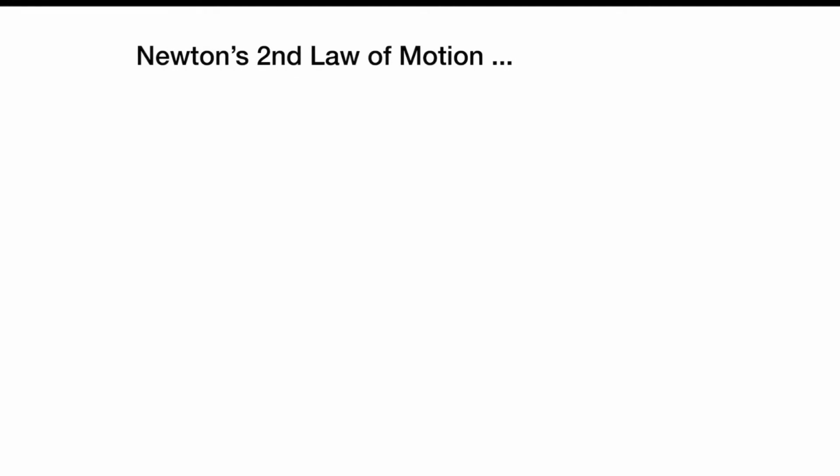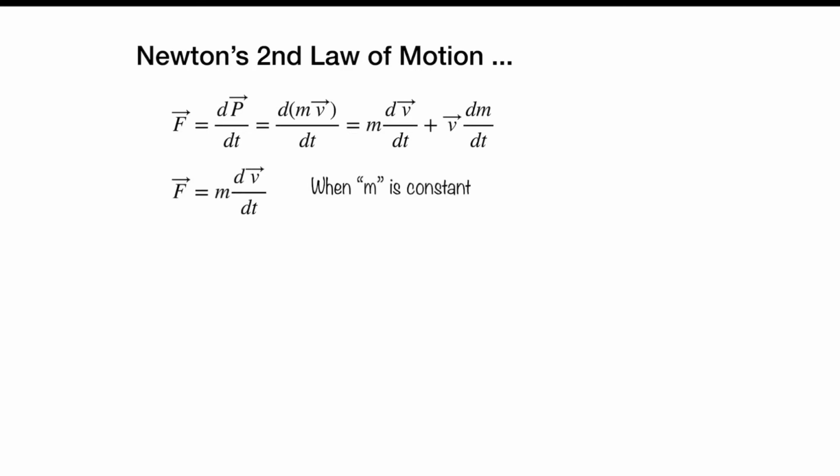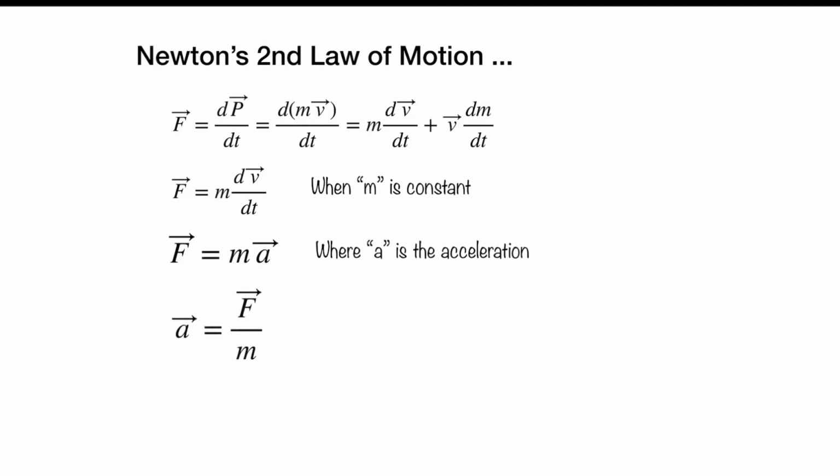As p is equal to mv, F can be written in the form of m and v. When m is a constant, you can write down force is equal to m dv by dt, which is equivalent to mass times acceleration. So acceleration can be written as force divided by the mass of the object.